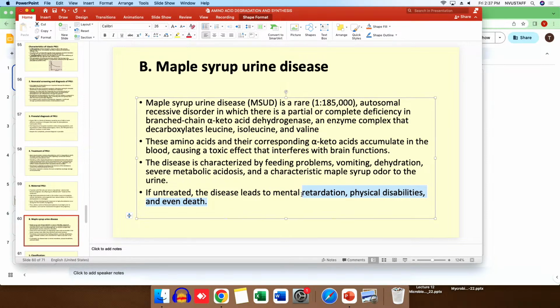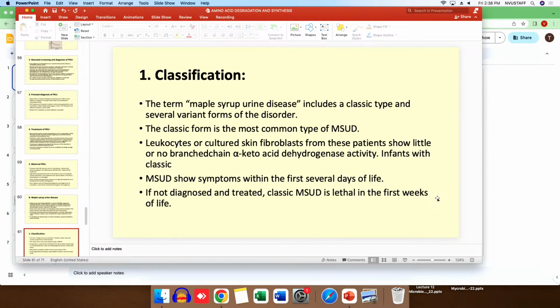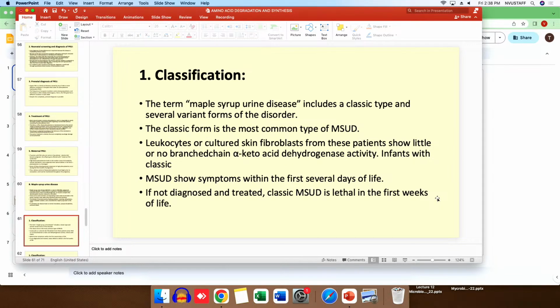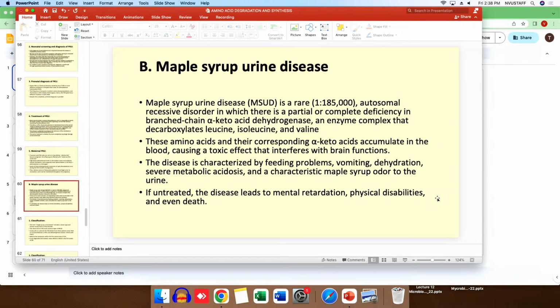Phenylketonuria is a severe disorder, but maple syrup urine disease is even worse because the patient's condition can deteriorate faster, since these alpha keto acids are even more toxic to the patient's blood than phenylpyruvate and phenylacetate. Toxic if they accumulate in our bloodstream, toxic for the CNS and toxic for the different organs.